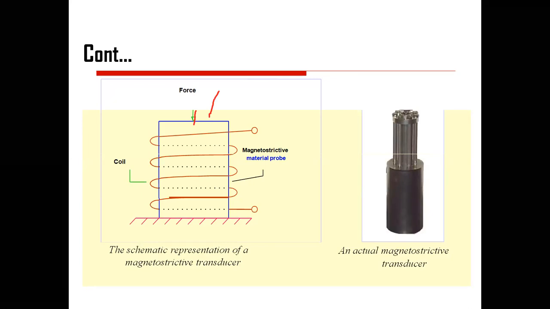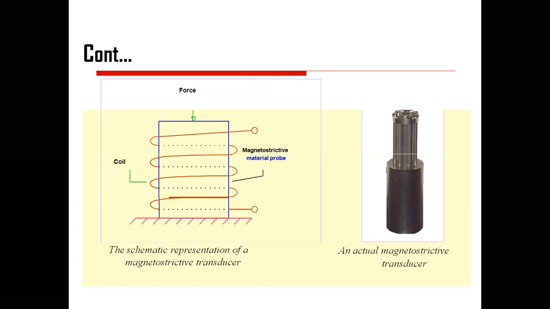In a similar manner, depending upon the force applied on your probe or magnetostrictive material, the output generated across your magnetic coil due to the motion generated by the force applied can be calibrated in terms of your force.